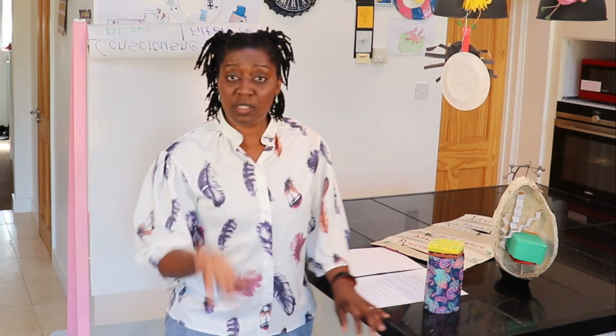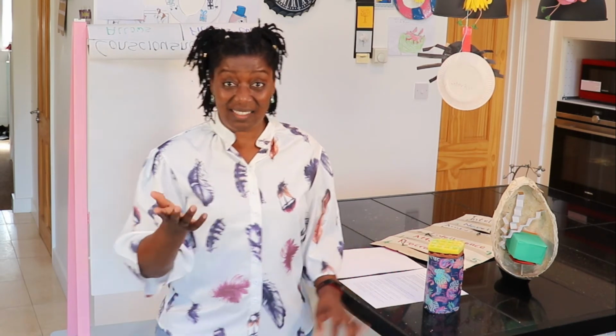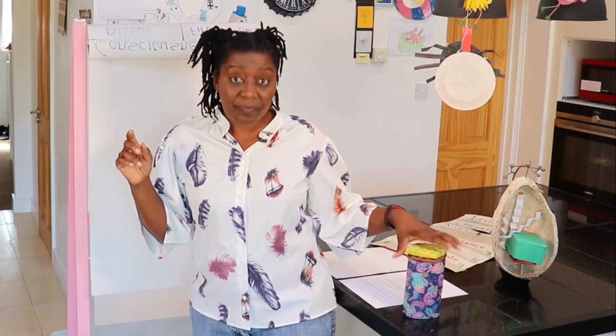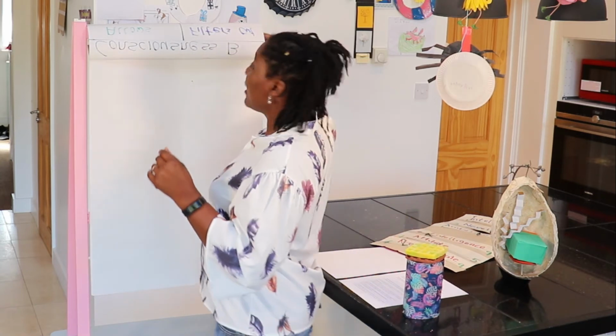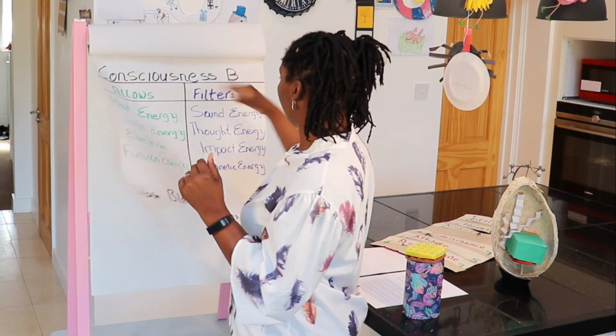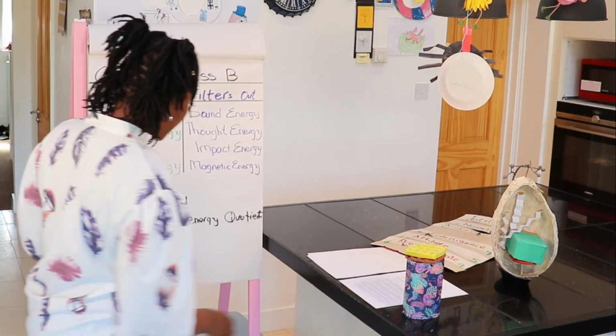So how does consciousness set these? That's what we're going to talk about. How does it set it with this organ? Let me show you. Let me describe it for you.